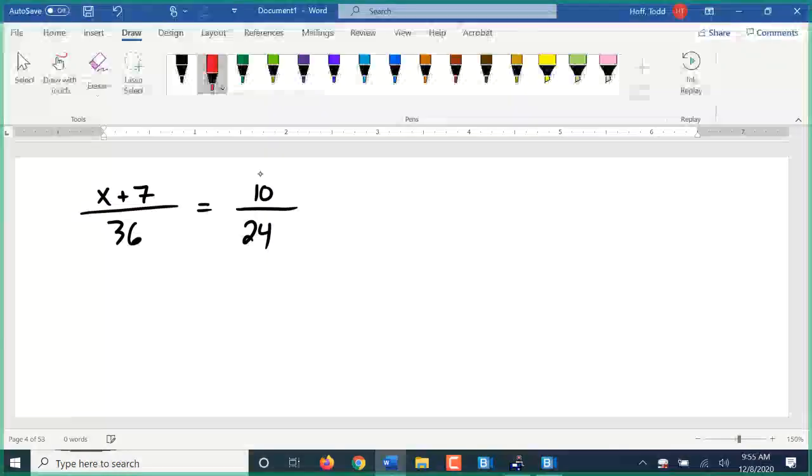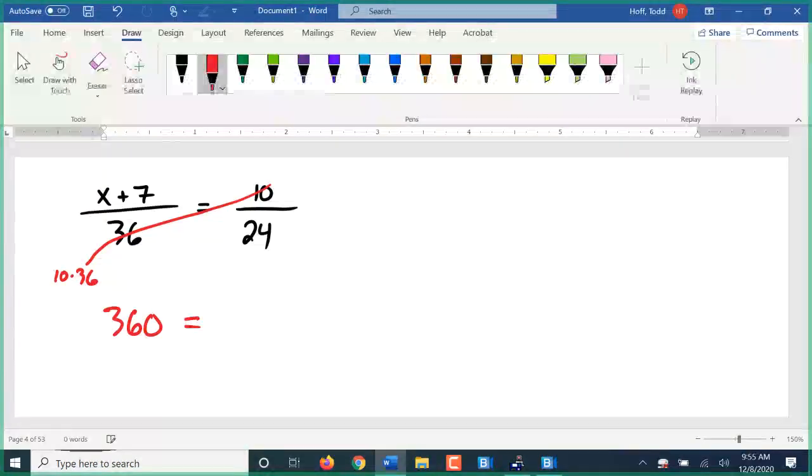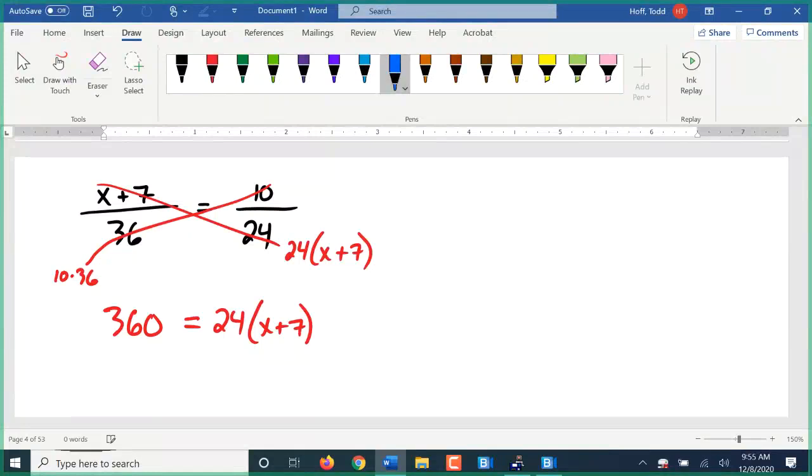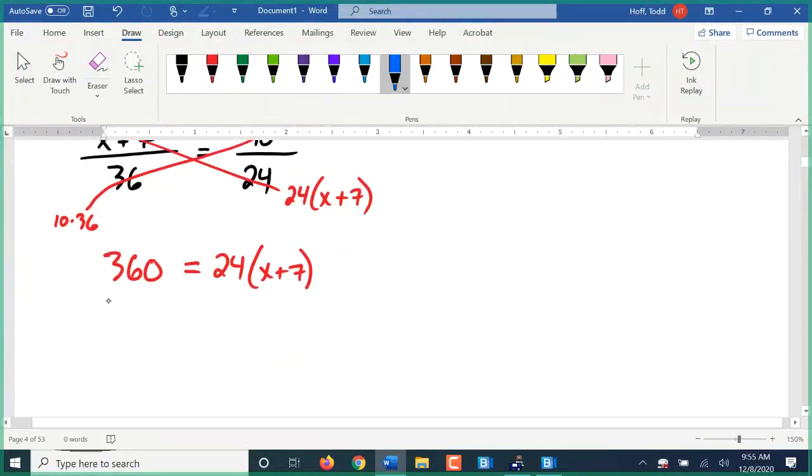So going in this direction, we have 10 times 36, that's just 360, equals, going in this direction, we have 24 times x plus 7. And that is an equation we know how to solve. We see the parentheses there.